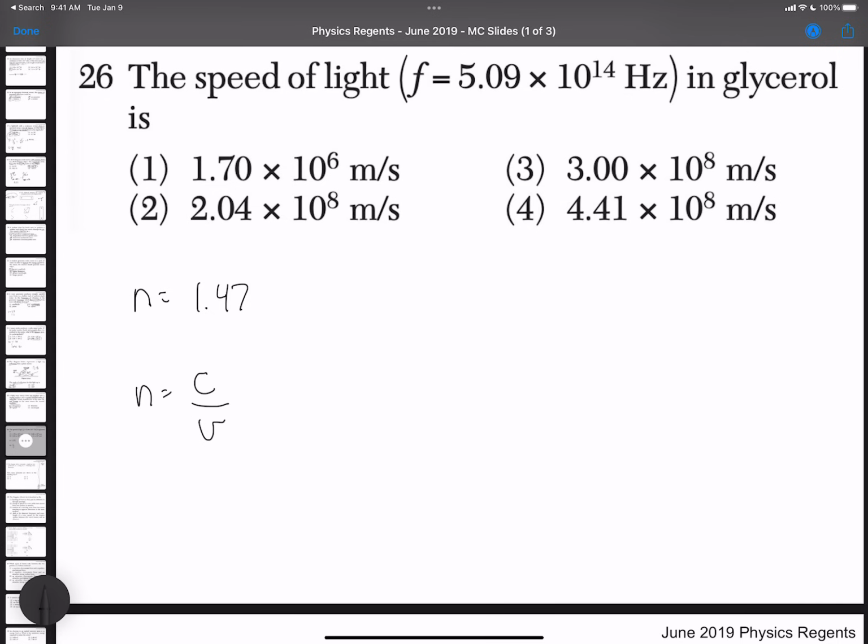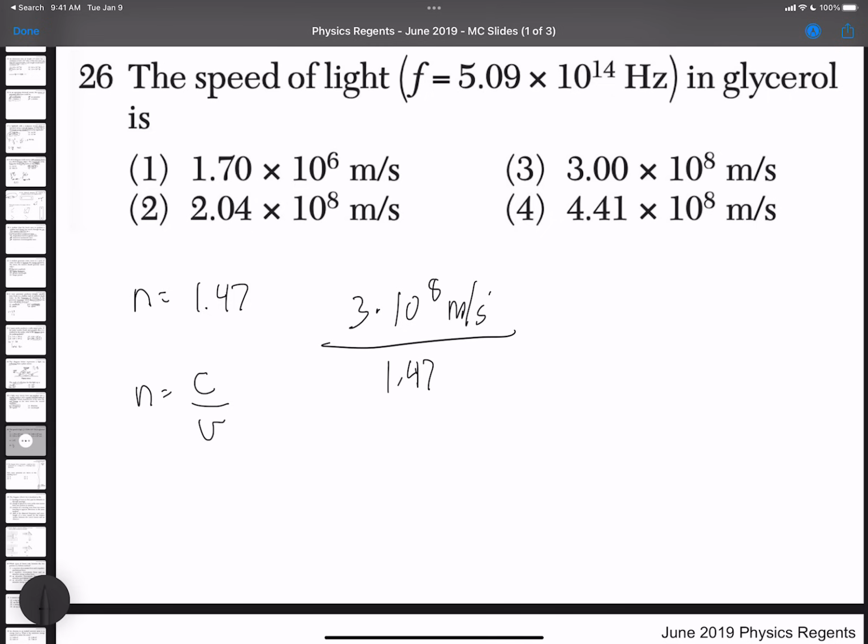In other words, as the index of refraction gets higher and higher, the speed of the wave gets slower and slower. And so to figure out the speed of the wave, I'm going to take the speed of the wave in a vacuum, 3 times 10 to the 8 meters per second, and I'm going to divide it by the index of refraction in that material.